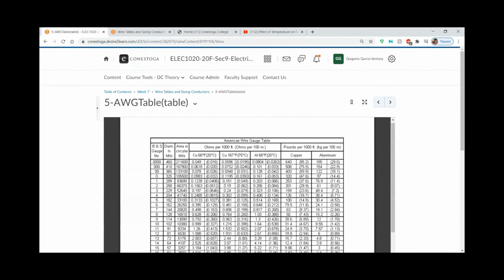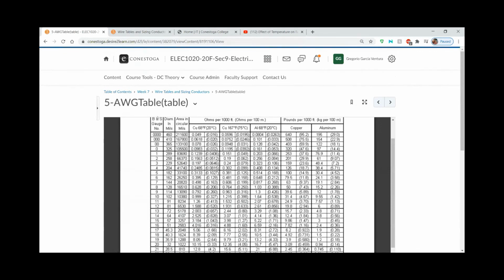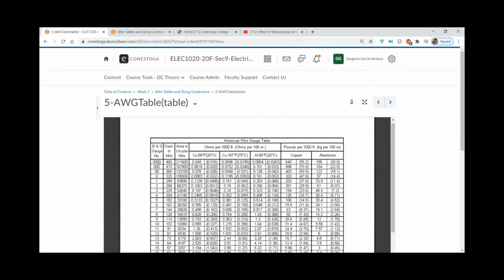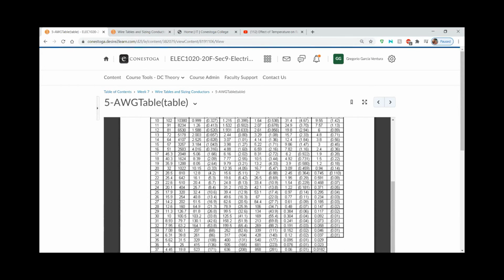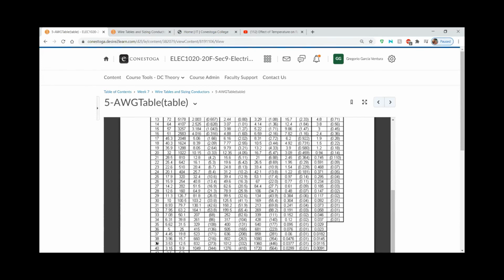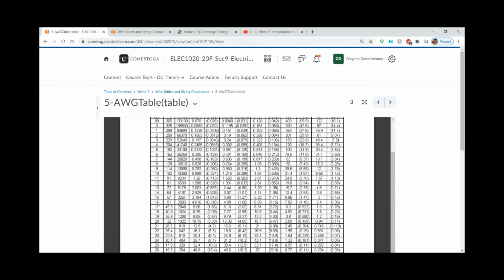When you click there, you are going to find this table, with the gauge of all the different wires you are going to play with. The gauge begins at 4.0 all the way down to 44. The only conductors we usually use in the field, in our case, are 14 and above.